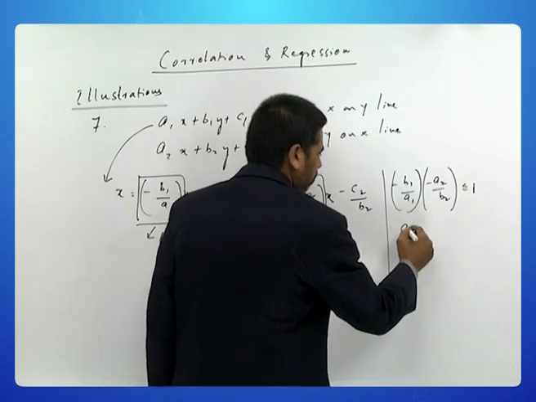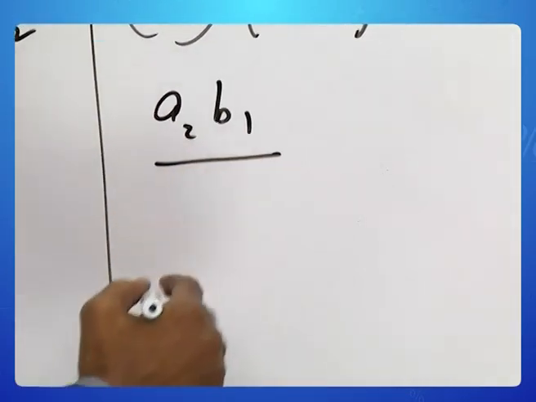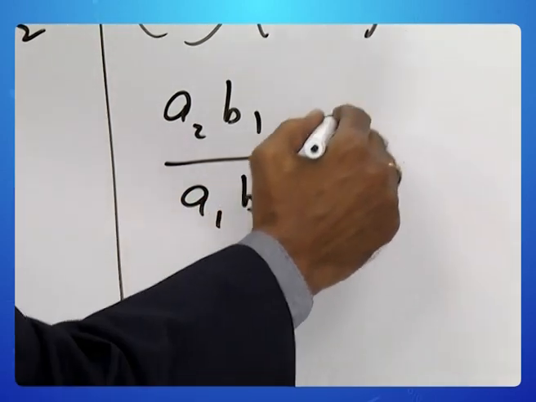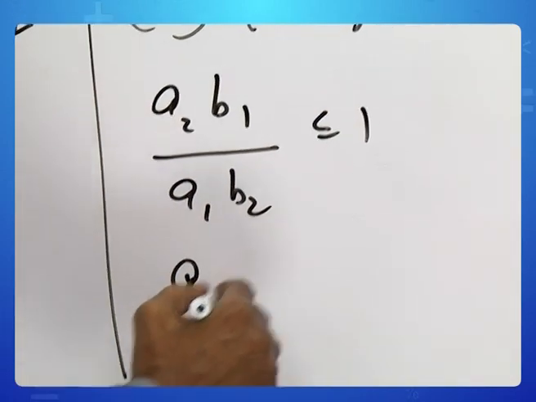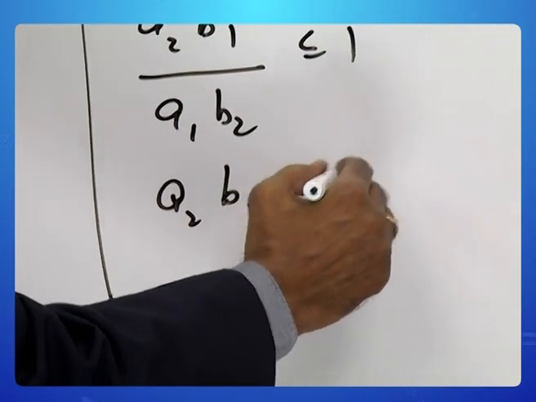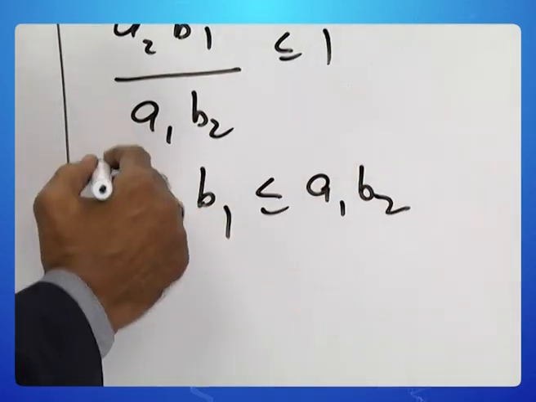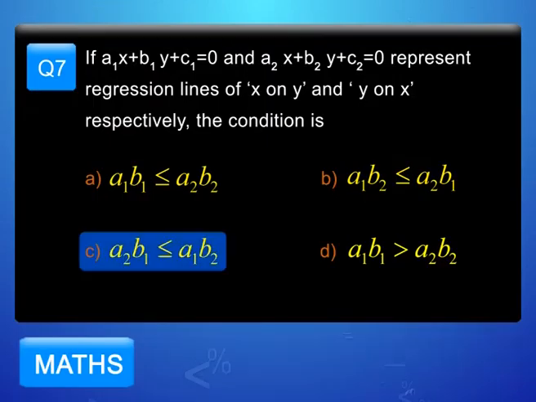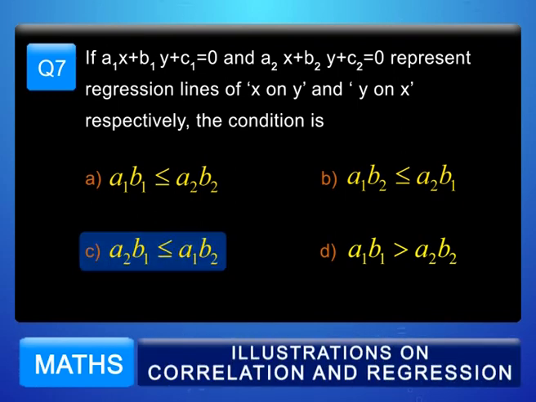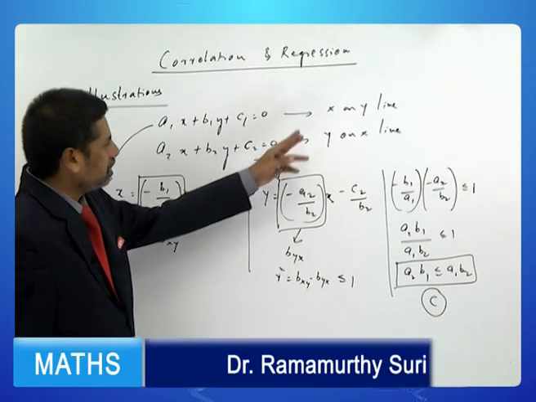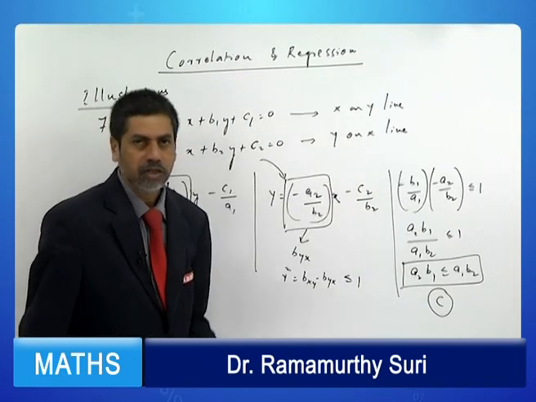So you will get a2 b1 by a1 b2 less than or equal to 1, or a2 b1 should be less than or equal to a1 b2. You will find this in option C. On the other hand, if the order is reversed, the condition will slightly vary.